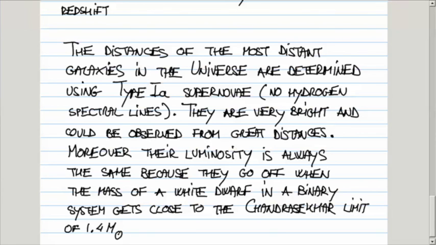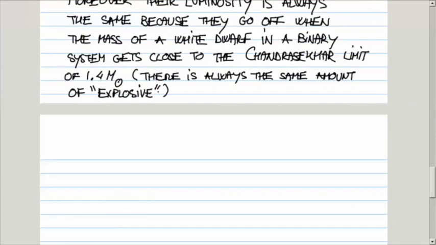If you will, there is always the same amount of explosive, and therefore the energy output is always going to be the same. So we can measure the luminosities of nearby type 1A supernovae, for which we can determine the distance using other methods.